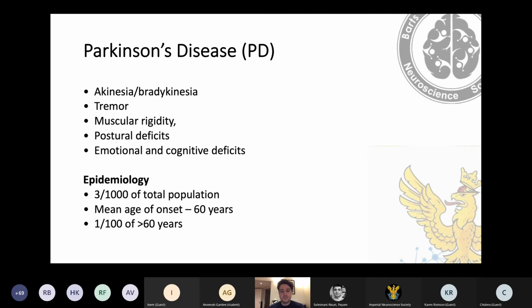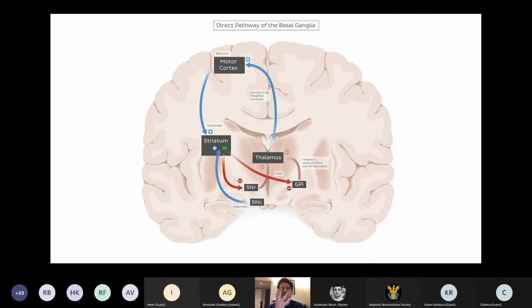So very little dopamine input. If you imagine that from a modulatory point of view in the direct pathway, take away that dopamine input, and you don't have anything that's driving a further, greater effect on movement. You're just relying on baseline glutamate effects on the striatum.